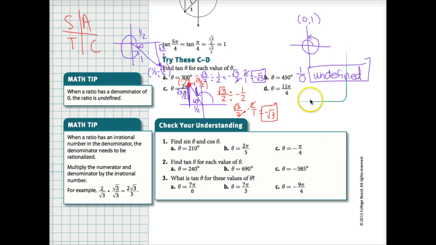All right, last one, 11 pi over 4. So that's 2 3/4 pi. So when I sketch it, 2 pi lands here. 3/4 pi is exactly halfway in between this quadrant. So that means my reference angle is pi over 4, or 45 degrees. So I've got radical 2 over 2 for both my legs, and 1 for my hypotenuse.